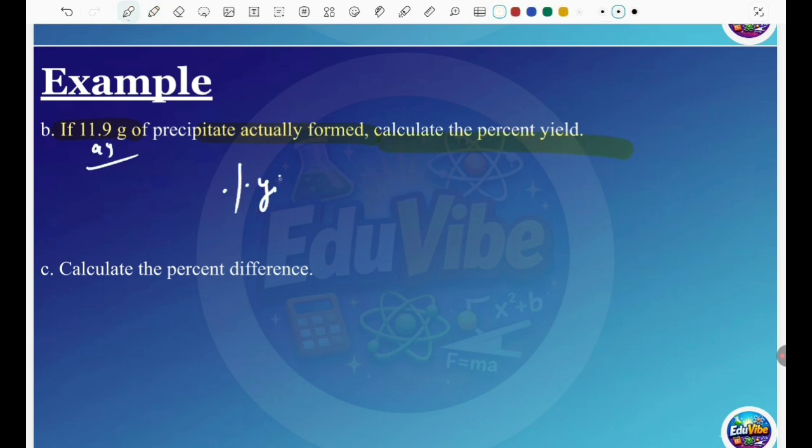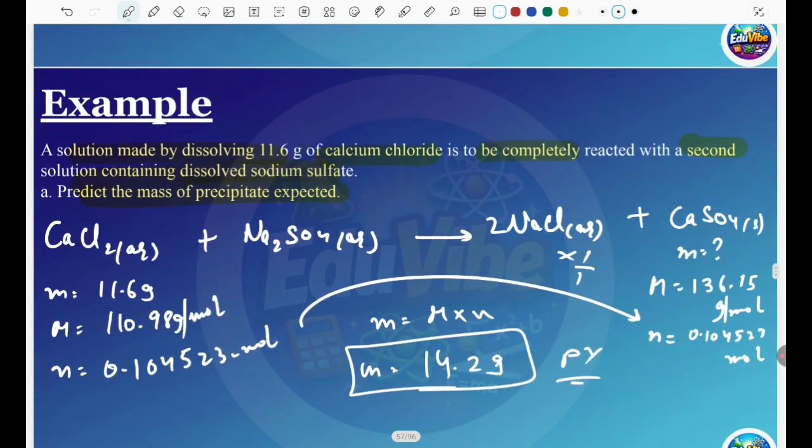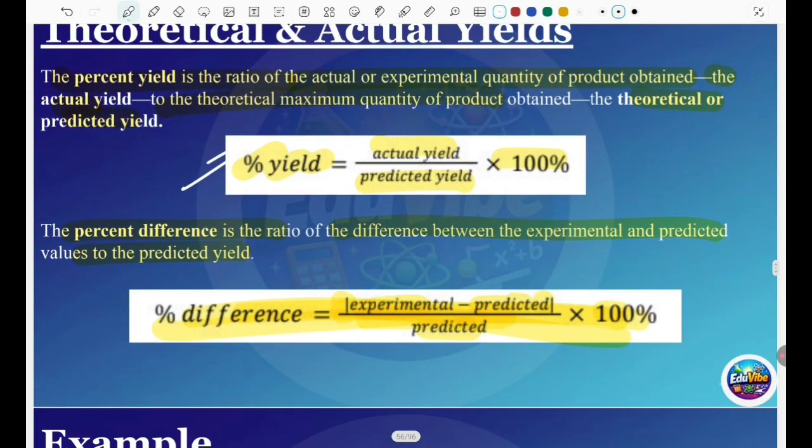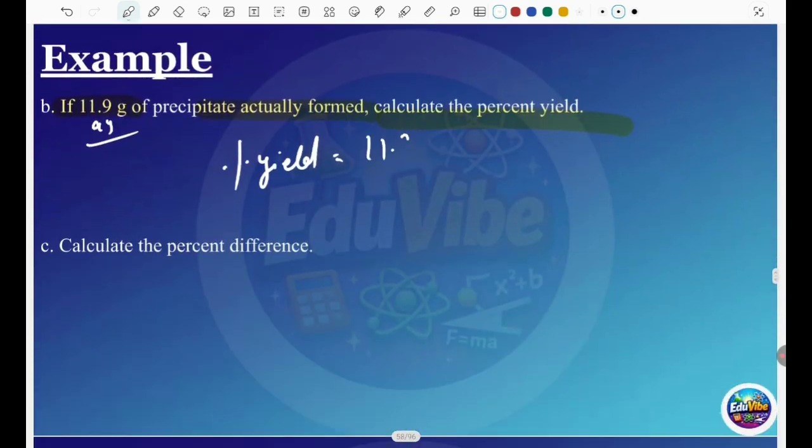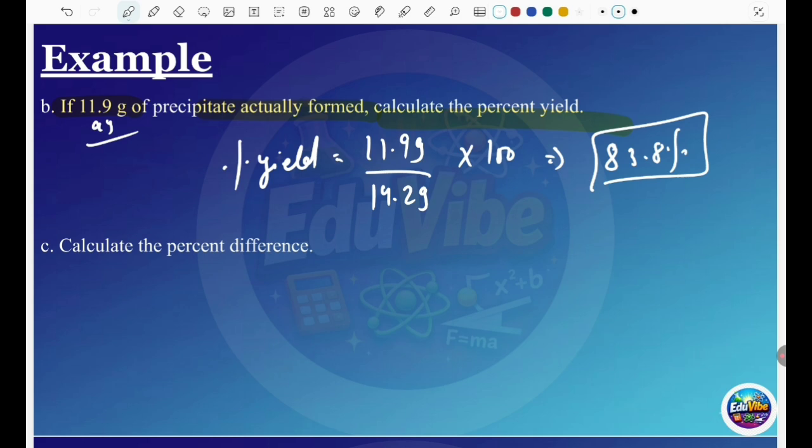The percent yield is the actual yield divided by the predicted yield. The actual yield is 11.9 grams, divided by 14.2 grams, multiplied by 100, and you get about 83.8%.